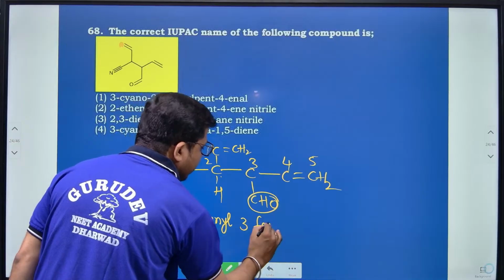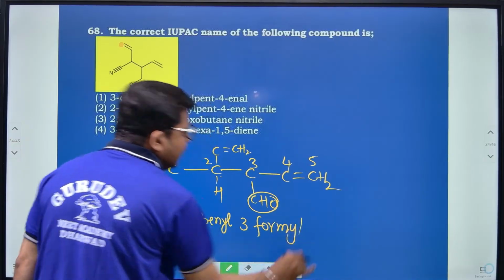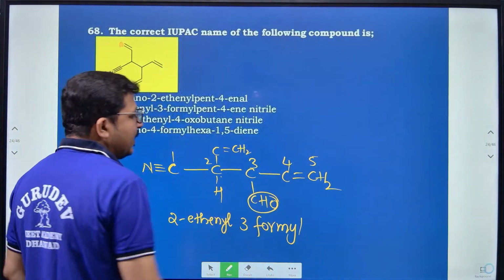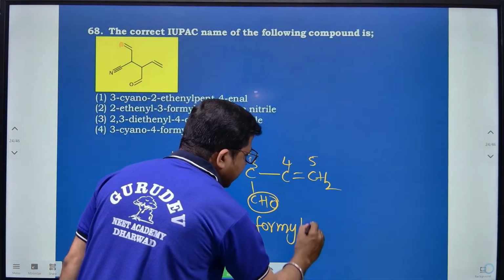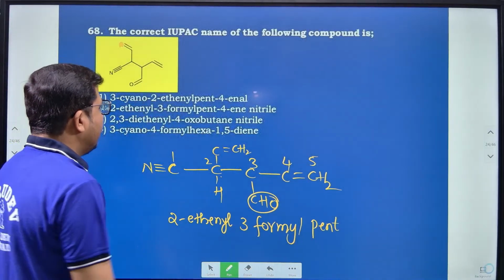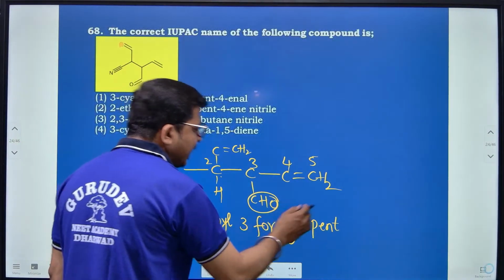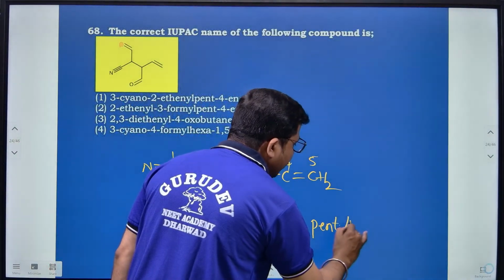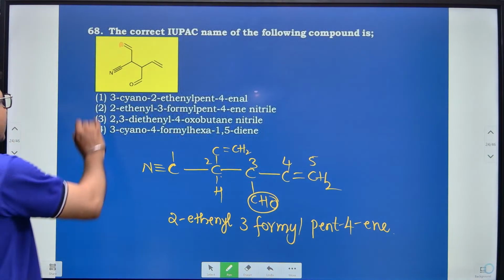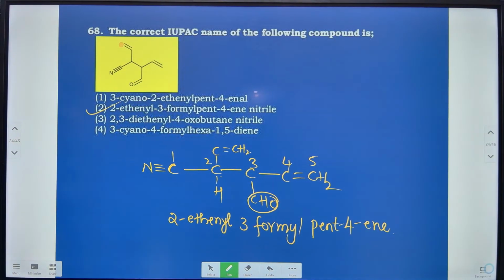Spelling mistake. Formyl, right? 3-formyl. And next, how many carbons are there? 5 carbons, therefore pent. Then at the fourth position again, alkene is there, pent-4-ene. Therefore, the right option is option number 2.